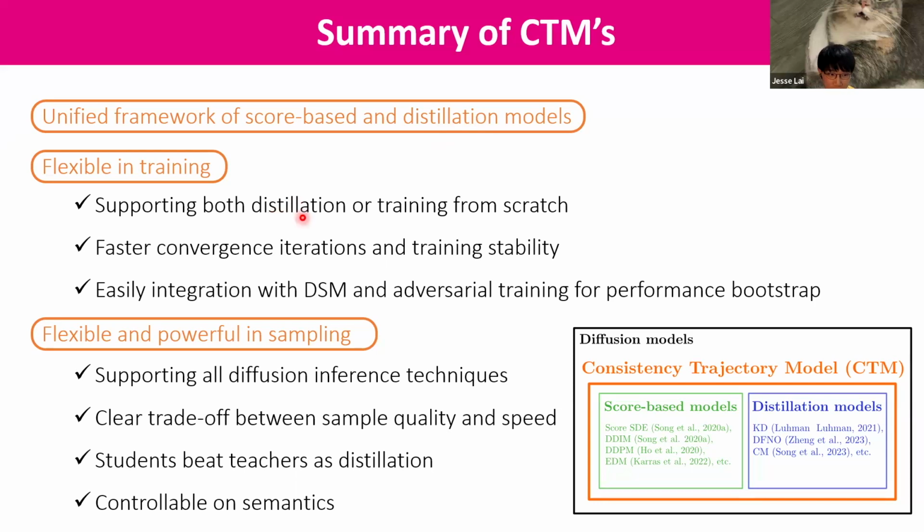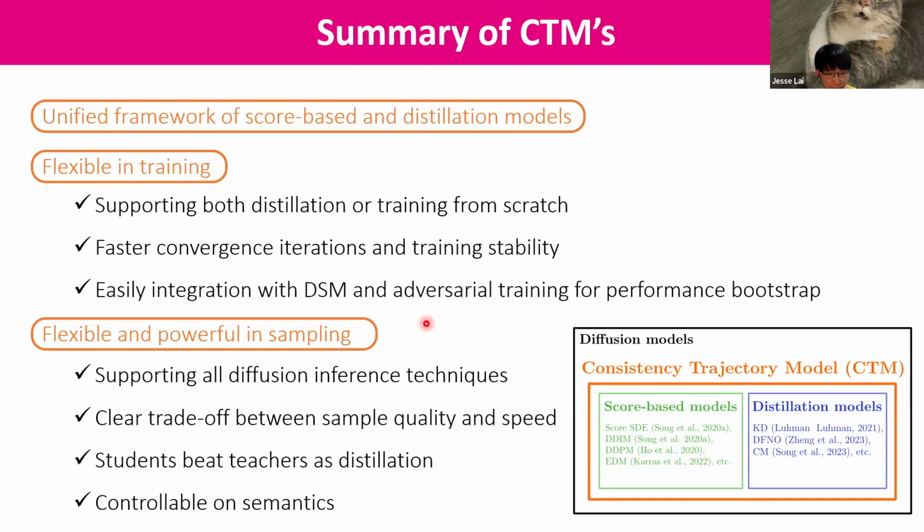Even though I was focused on distillation, CTM can also do it from scratch. And due to the soft matching of CTM, it can converge much faster compared to CM, and it is much more stable. And with the help of denoising score matching loss plus the GAN, you can bootstrap your performance and even achieve student beats teacher, which is quite a unique feature in the distillation model.